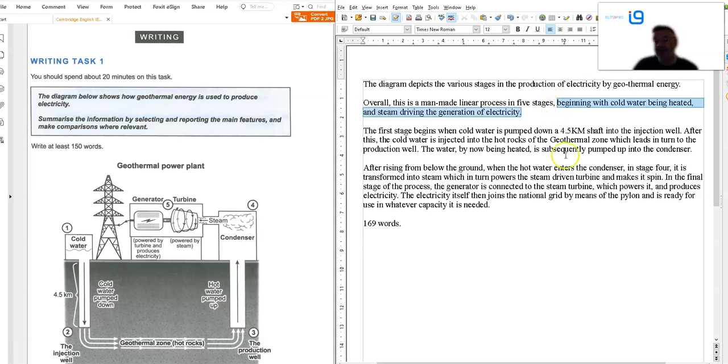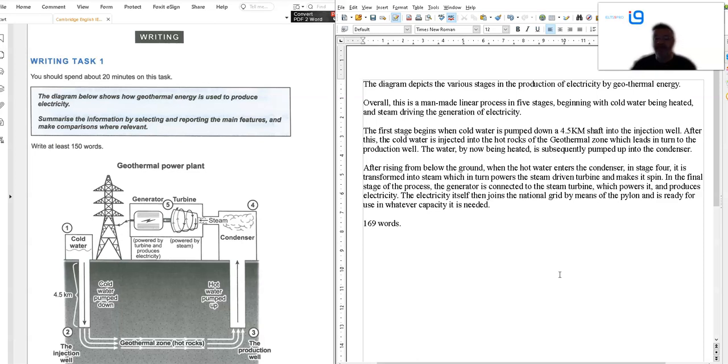You don't have to list all the changes in the overview, beginning with cold water and steam driving the generation of electricity. So the first stage begins when cold water is pumped down, injection well. Now, what you need to be doing here is using your sequencing language.